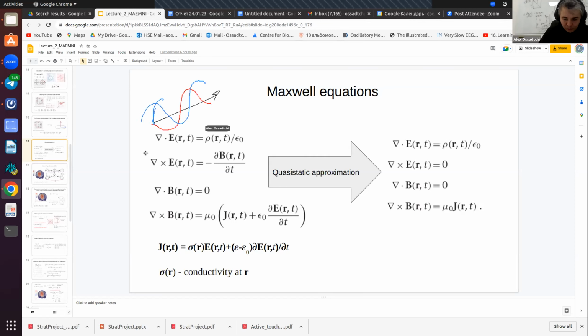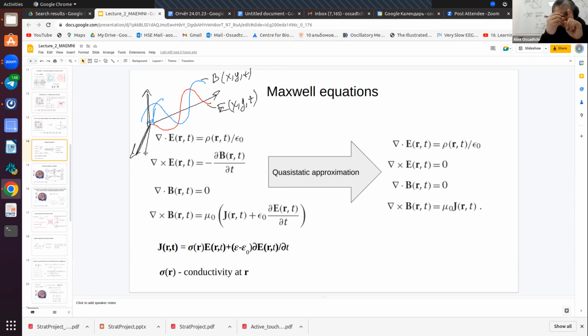I'm not a good drawer at all, so I apologize, but those are supposed to be happening in two different, mutually orthogonal planes. You have vector B of x, y, and t, this is how it's changing, and this is vector E of x, y, and t. This is how the whole thing unfolds in time.